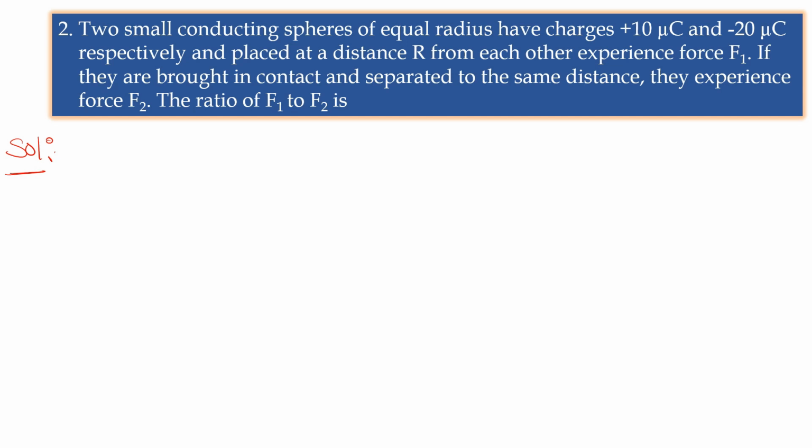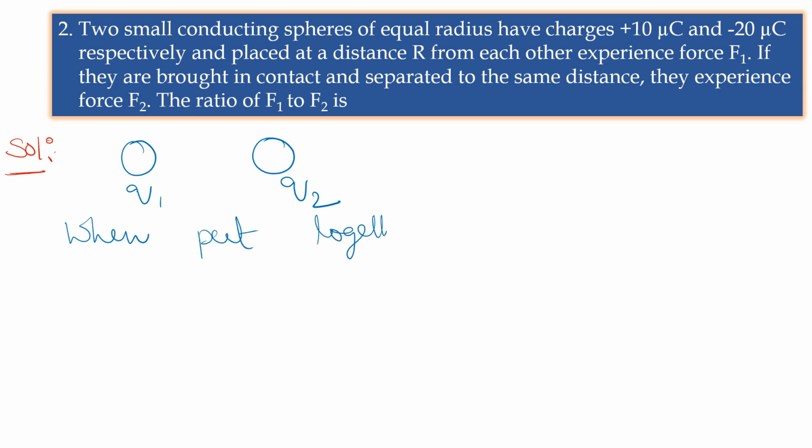See, this is the Q1 charge. Here this is one small sphere and this is another small sphere. When these two small conducting spheres are put together, at that time the charge is Q1 plus Q2.